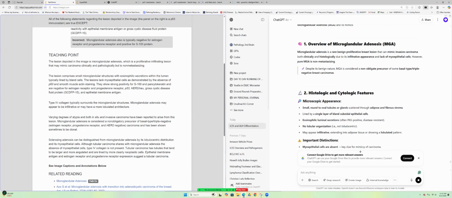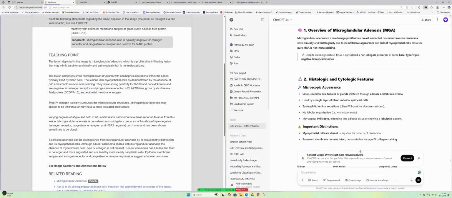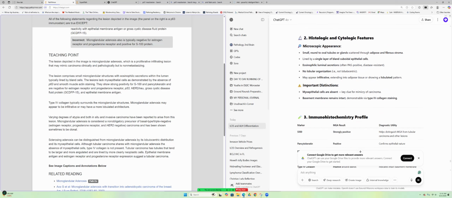Okay, the rare proliferative lesion can mimic an invasive carcinoma due to its apparent lack of myoepithelial cells. Clinically, it's not metastasizing.